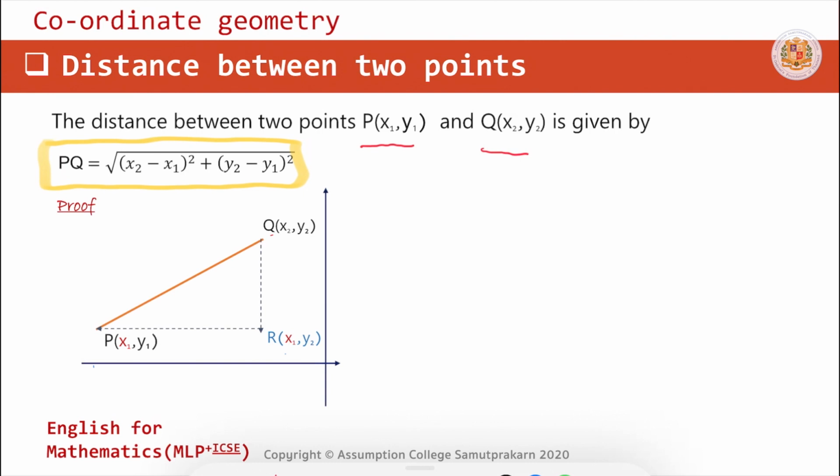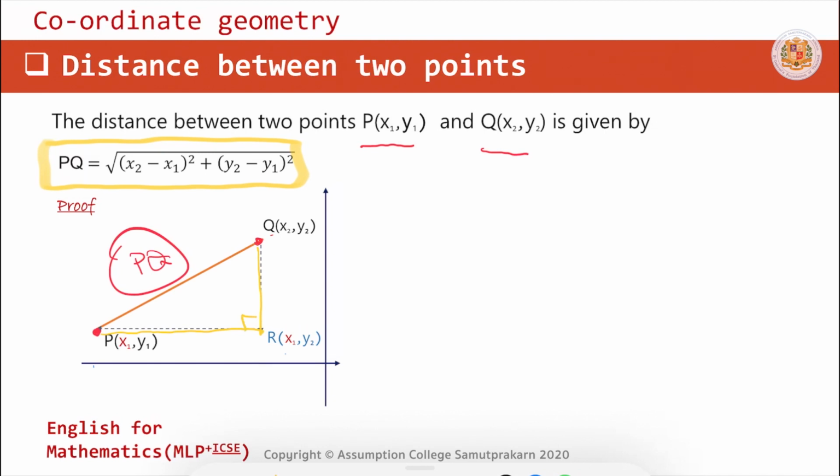The length of PQ we're looking for represents the distance between P and Q. According to the Pythagorean theorem, if we create a right triangle, just like in the picture, we have this side and this side here. We've got the right triangle already.